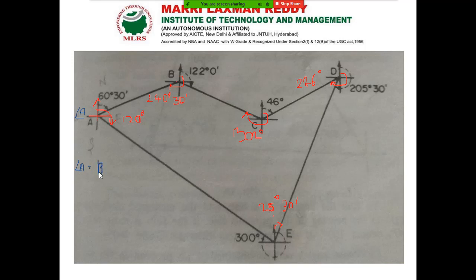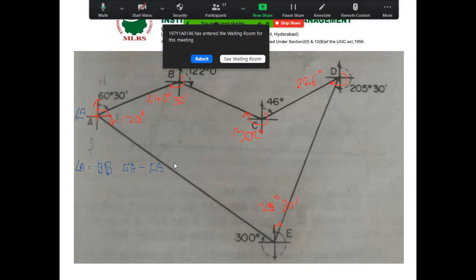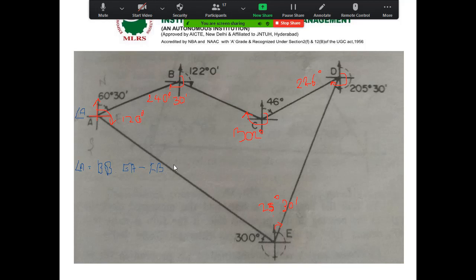So previous line is nothing but line EA, back bearing of EA minus forebearing of AB, next line. Forebearing of next line, that is AB, forebearing of AB.